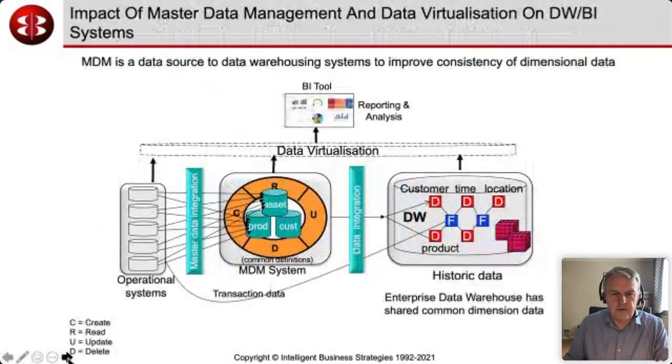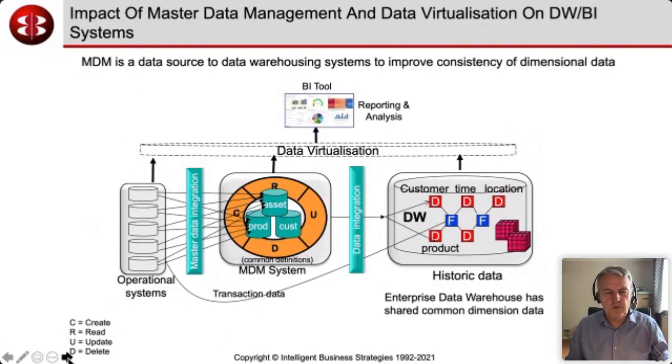And in a modern architecture associated with a data warehouse, for example, you would then see how your master data management system would fit. It's upstream of your data warehouse, and here you can see the master data cleaned and integrated to populate your MDM system. And then from there, the dimensions in this data warehouse are indicated by a D. The F is for facts.